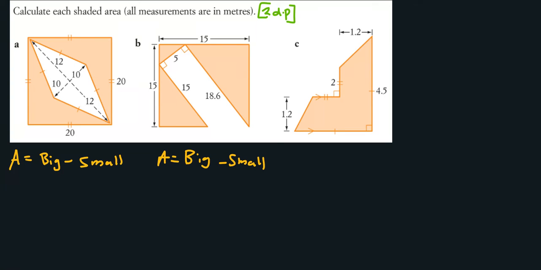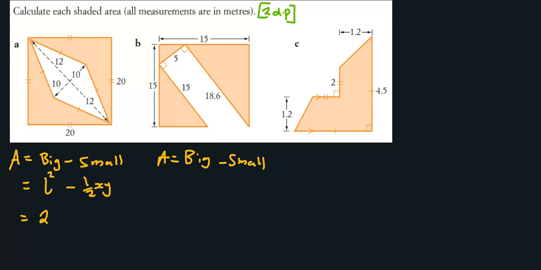And there's 2 ways you can do C, but we'll discuss that after we've done these 2. So the area of the big shape, it's a square, so that's just length squared. And the smaller shape is a kite, and that has an area half multiplied by the product of the diagonals.